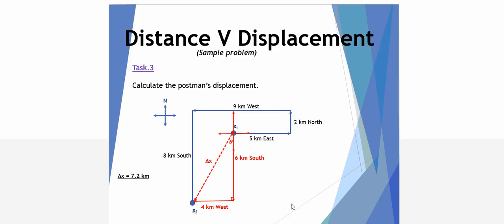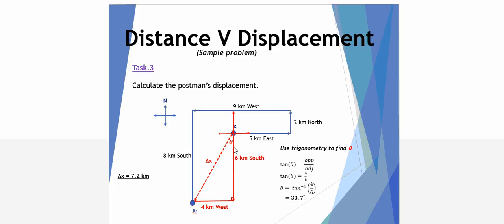However, we said earlier that all vectors require a magnitude, a unit of measurement, and a direction. So we need now to find out our angle, our theta. Now, using simple geometry, again with this right angle triangle, this angle theta has an opposite side length of 4 kilometers and an adjacent side length of 6.